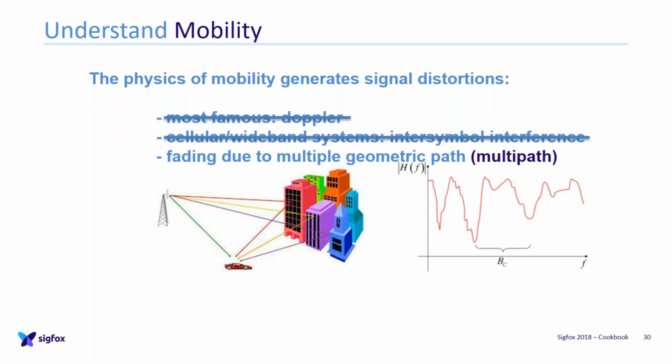The combination in phase and out of phase of a multiplicity of paths generates constructive or destructive interference. When the object is moving, these conditions change very fast.